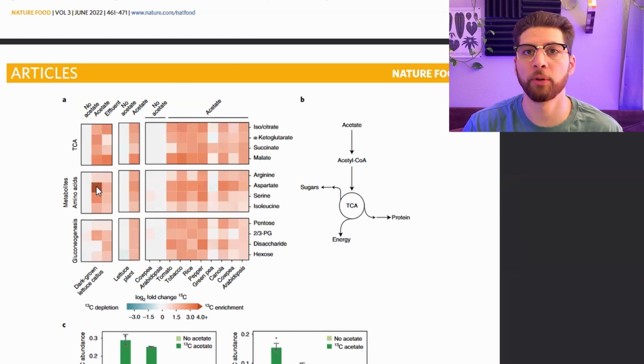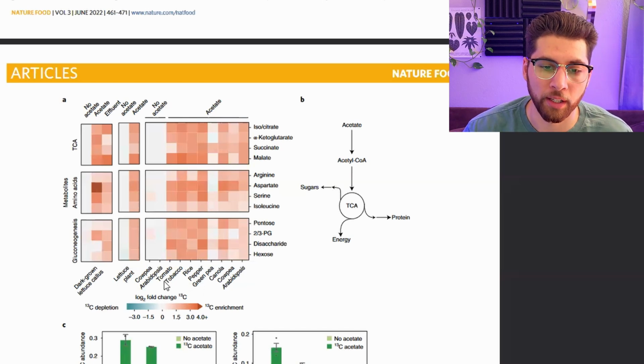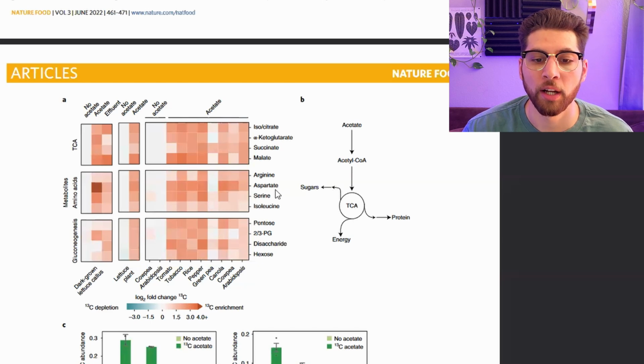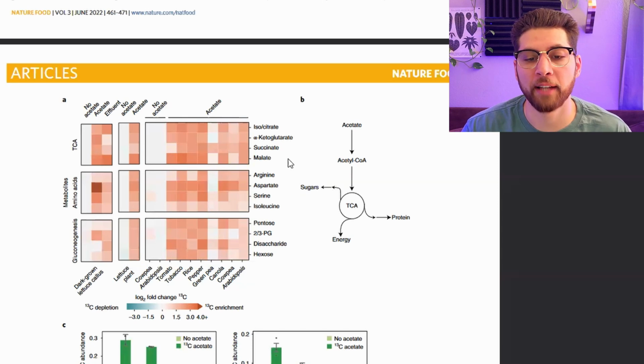So this is basically showing how much acetate is being assimilated and into what molecule. For example, we can see in tomato, in this column, that there's a lot of this acetate being assimilated to aspartate, this amino acid, and serine, as well as disaccharides. So think sucrose is a disaccharide, right? And less of the acetate is being converted to succinate in tomato, for example.